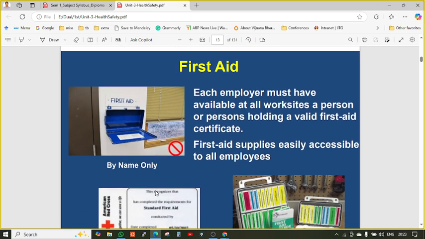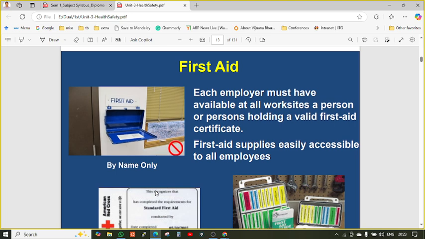Related to safety, the next term is first aid. There is a first aid kit in your laboratory also, and in every working place. You have also seen fire extinguishers in our university, in some places.